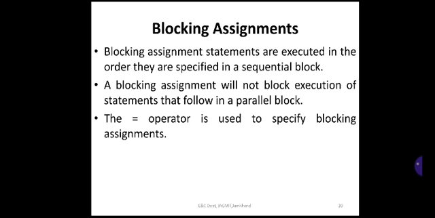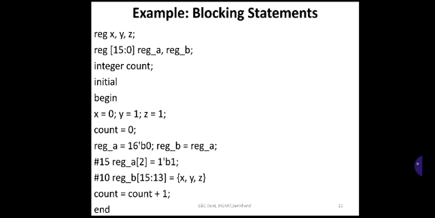The equal to operator is used to specify blocking assignments. Remember, this is very important: for the blocking assignment, the assignment operator used is equal to. Here there is an example.